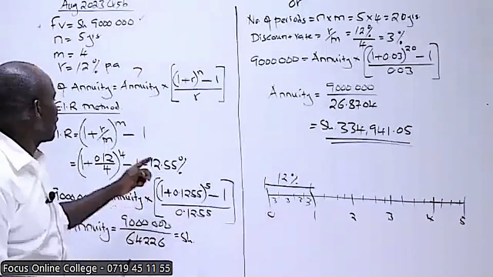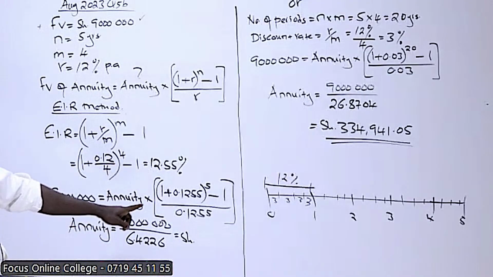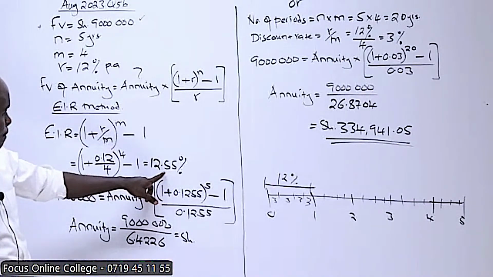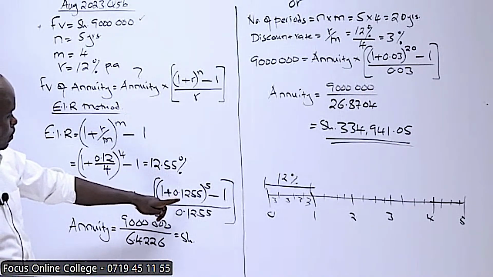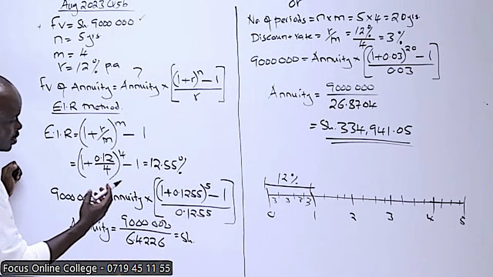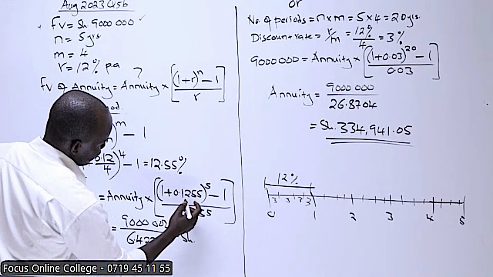So that means here, you're supposed to adjust the periods again. This effective interest rate, we adjust. It is the same thing. So here the number of periods will change.